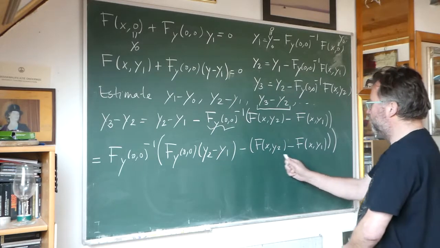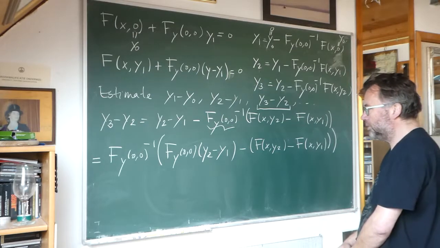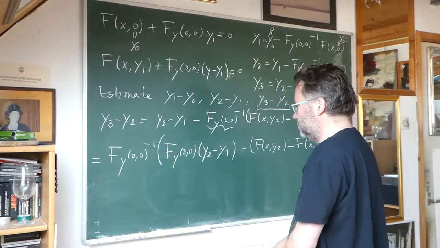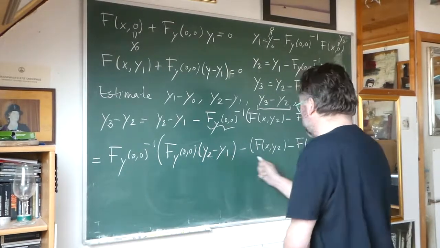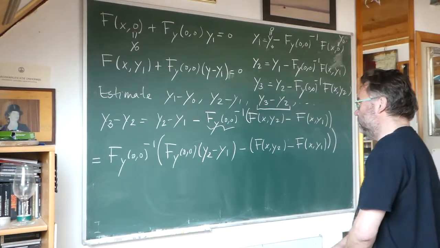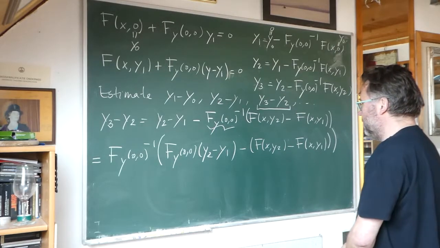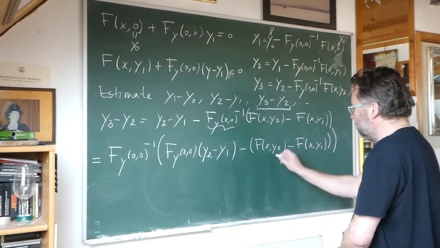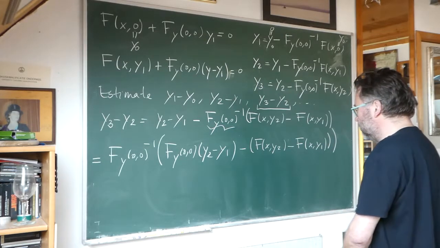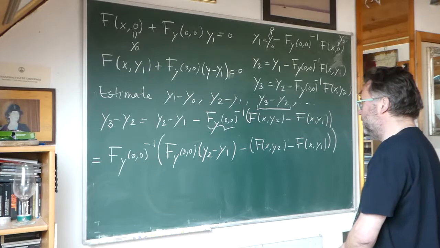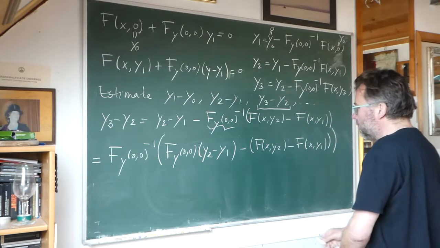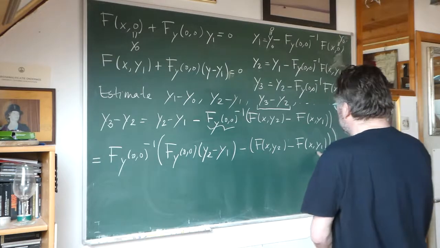The difference of two function values and the difference of two originals with a partial derivative with respect to y, the variable here. Now this difference here is the difference of two function values, so let's concentrate on this part here.